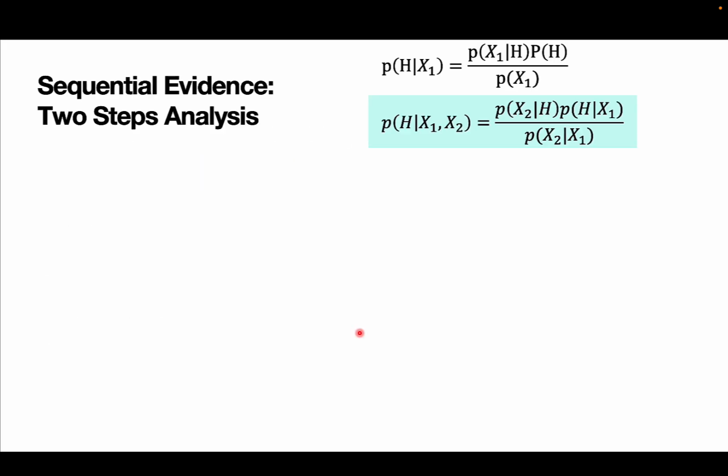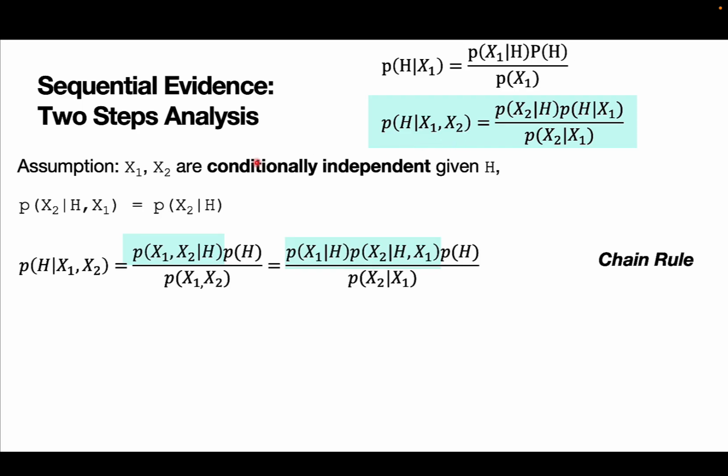Now, I will briefly show you the derivation steps for going from Bayes' theorem with one piece of evidence to sequential pieces of evidence. Again, here's our conditional independence assumption under the hypothesis. I'm going to use the chain rule to expand this probability expression.